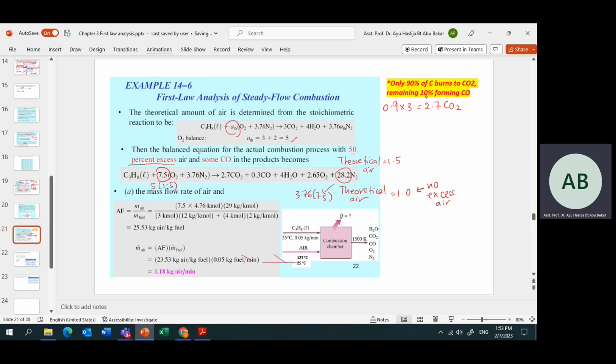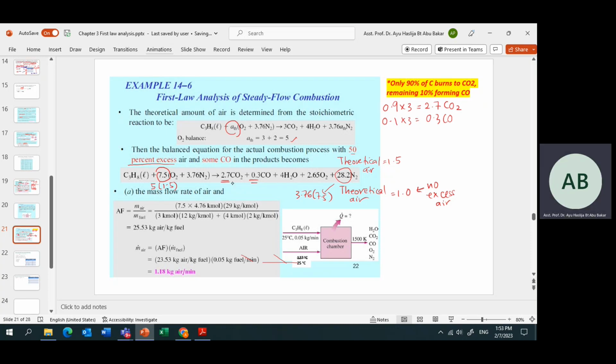Okay, 10% forming CO, so 0.1 multiplied by 3 equals 0.3 CO. That's how it gets 2.7 over here and 0.3 CO over here. Can this part, anyone need me to repeat? Ibrahim, are you clear? Okay.